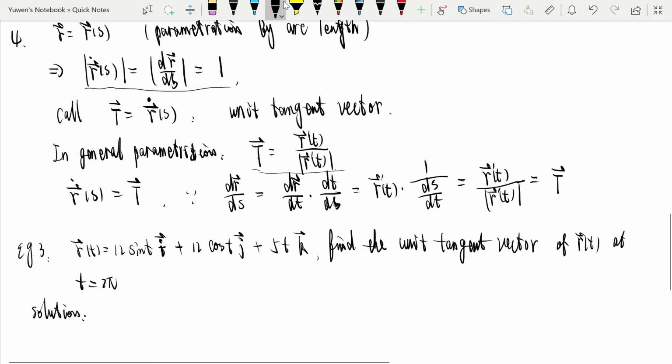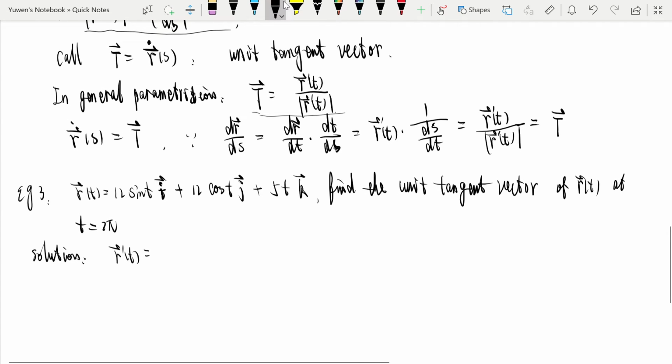In general we use r prime t. r prime t is 12 cosine t, negative 12 sine t, and 5.